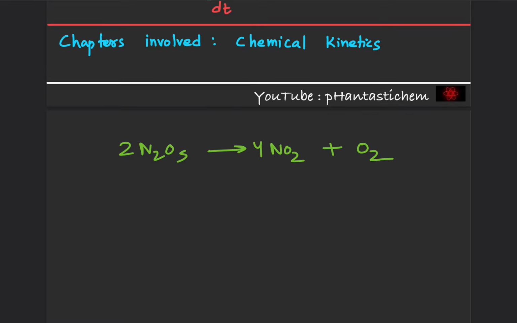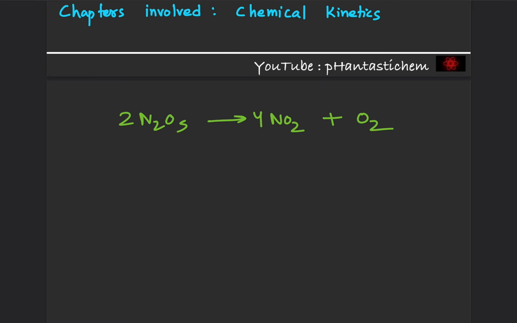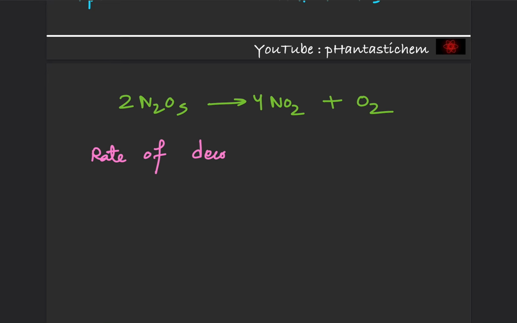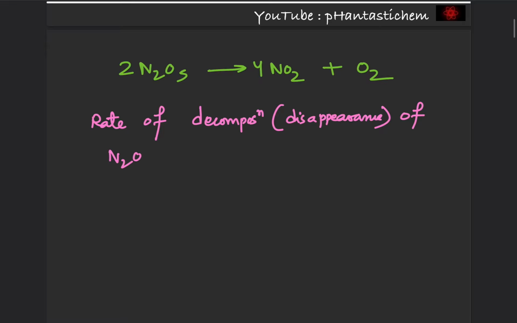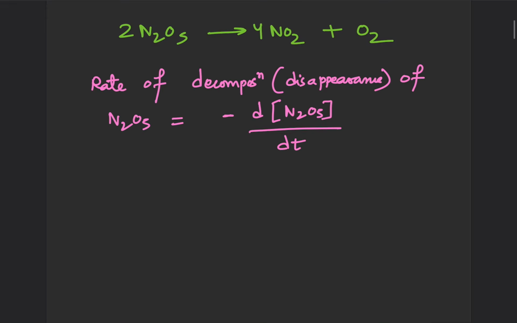Okay, so to start with, consider the reaction 2 moles of N2O5 giving me 4 moles of NO2 and 1 mole of O2, right? So the rate of decomposition or disappearance of N2O5 will be minus, obviously because it is disappearing, d of concentration of N2O5 divided by dt.